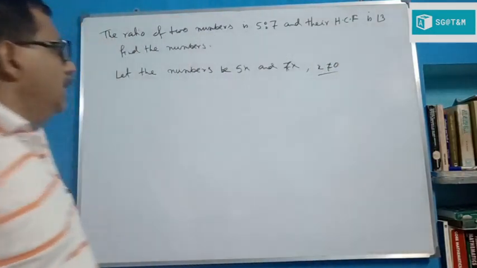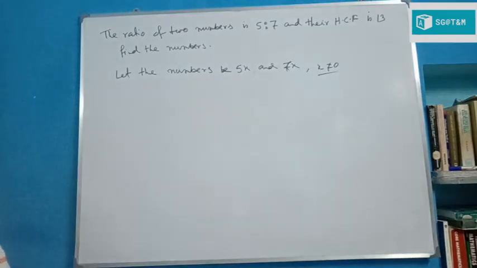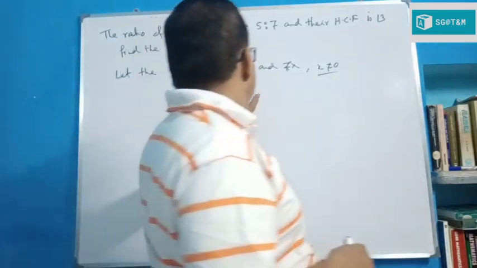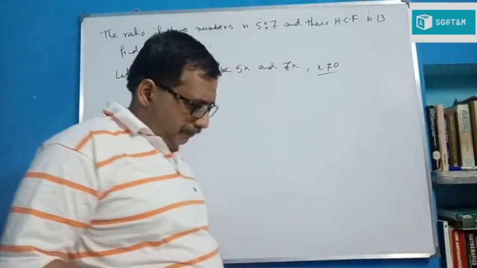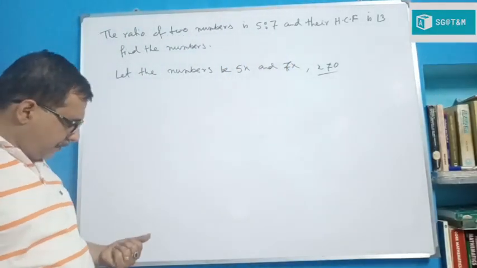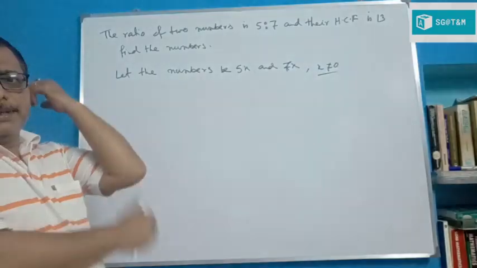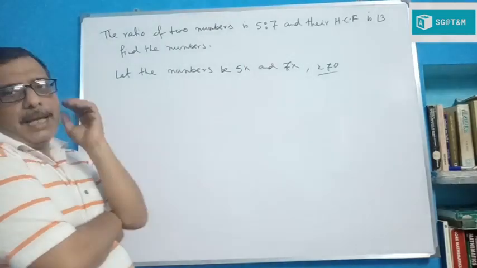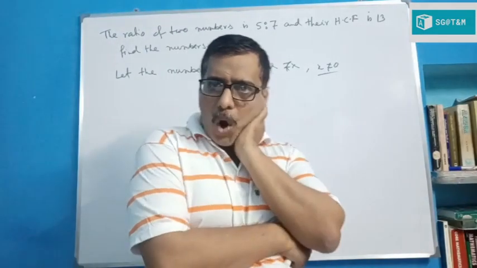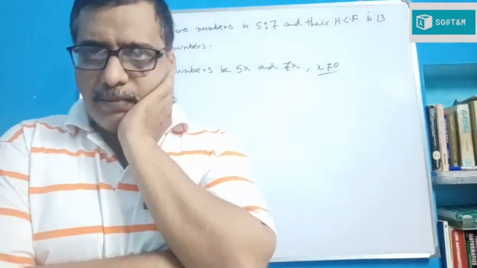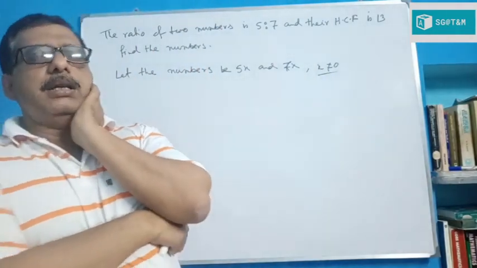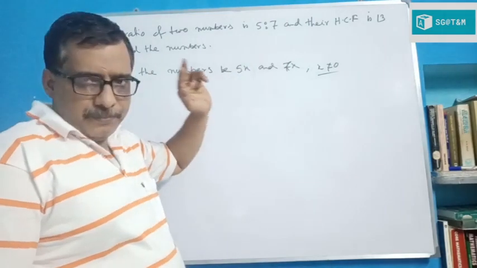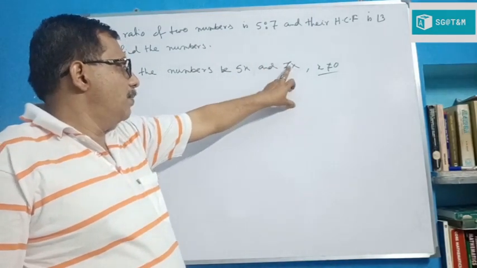Now, 5 and 7 are prime to each other. Therefore, their only common factor is 1. So the HCF of 5 and 7 is 1. But in 5x and 7x, the common factor is x.